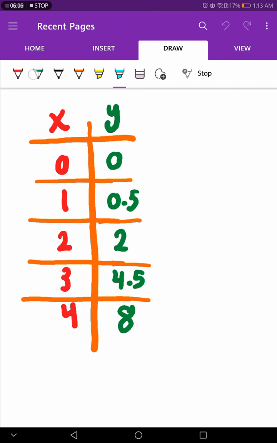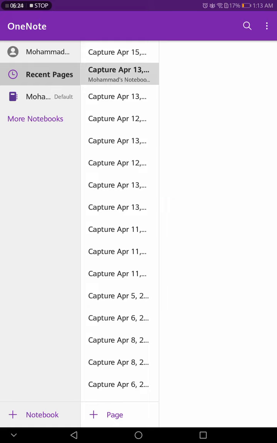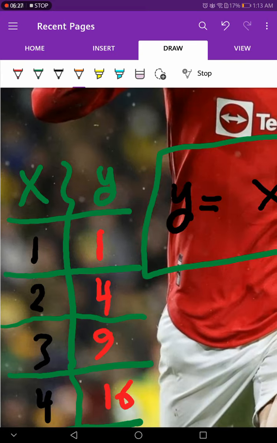But if you do a smart step, my dear student, and multiply the y values by 2, let me do this to make life easier.